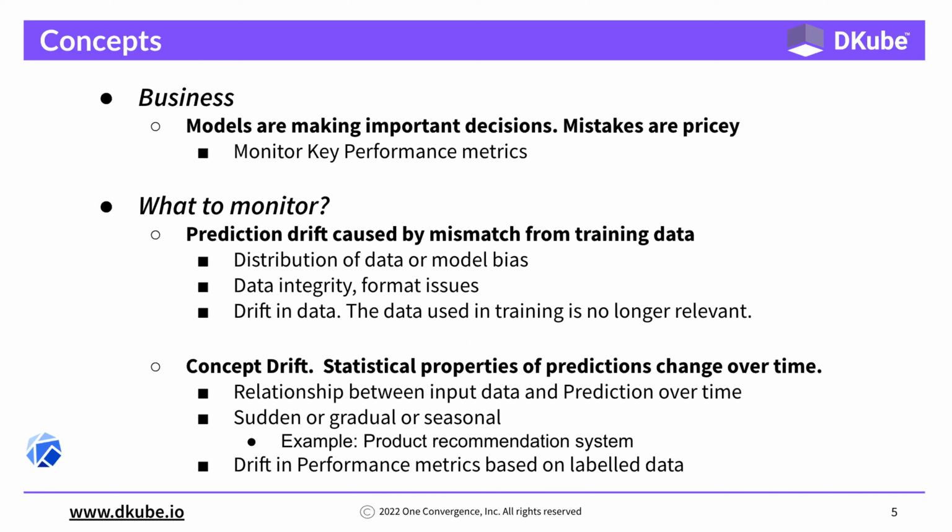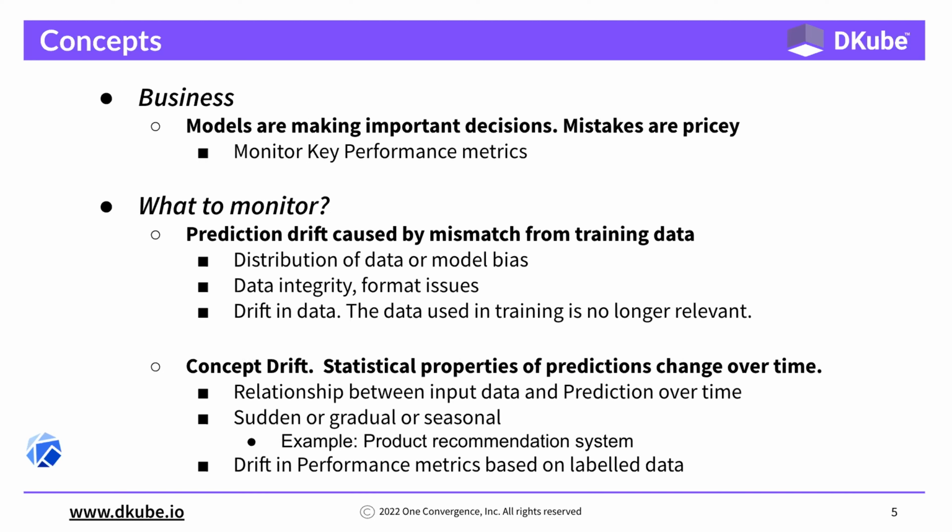Right. Some introduction into concepts. So why do we need a monitor? We need a monitor because the data is drifting. Over a period of time, the features change, and then the type or the format or the integrity of a feature changes from, let's say, an integer to a string or something else. And also, your training data may no longer be relevant altogether.